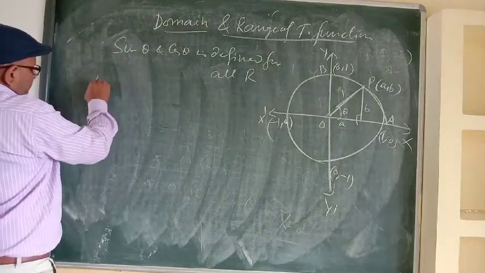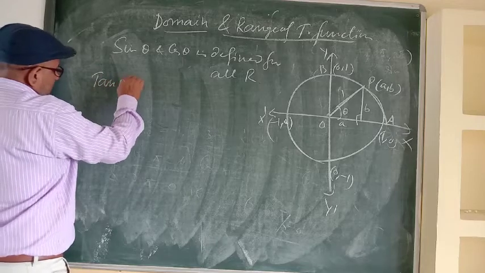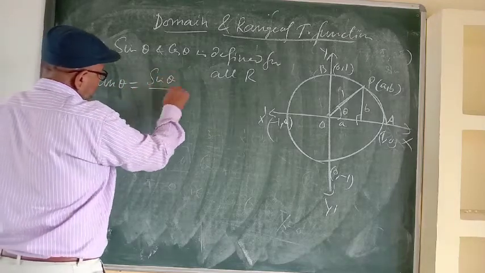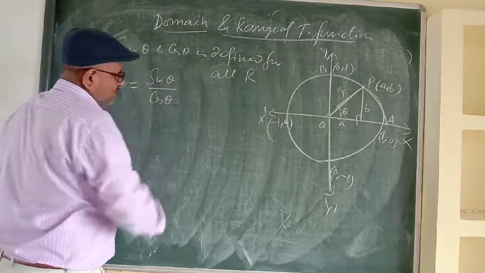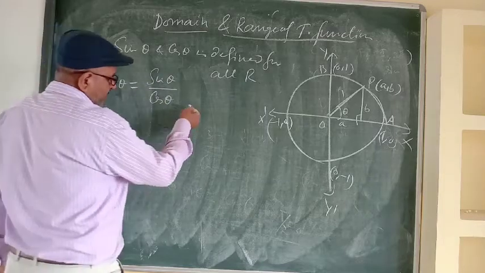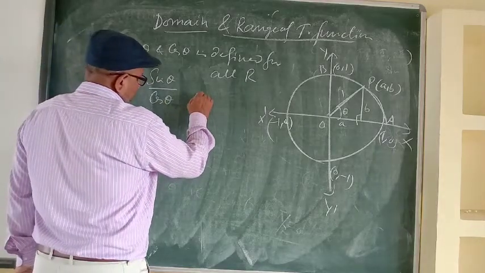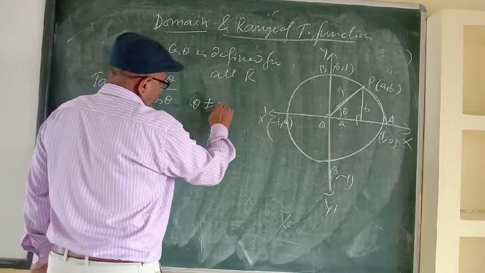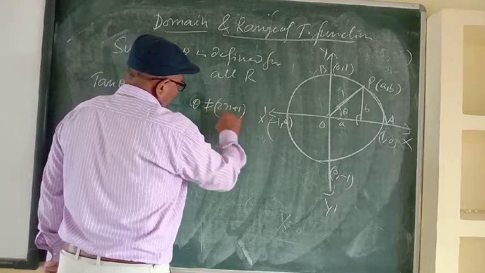Now see tan theta. Tan theta, we know, is sin theta upon cos theta, but theta is not equal to (2n plus 1) pi by 2.